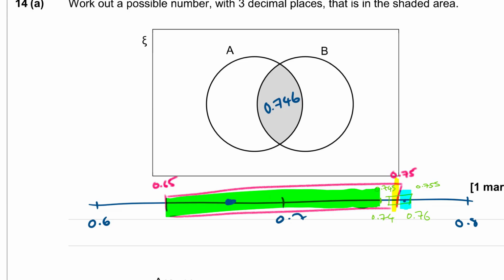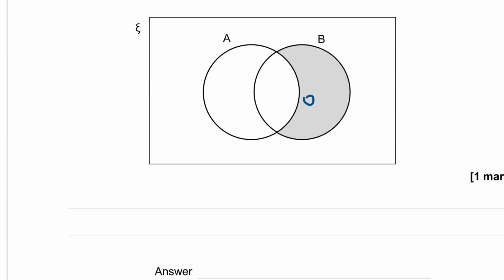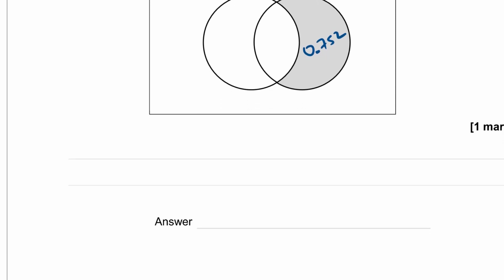So bigger than 0.75 but less than 0.755. So I'm going to pick 0.752. So 0.752 works in there. You can see that one does round to 0.75 but if I try and round it to 1 decimal place, it'll go up to 0.8. So it's in the right place.